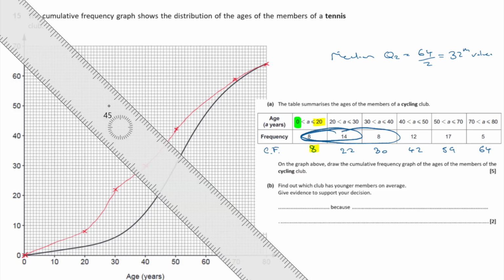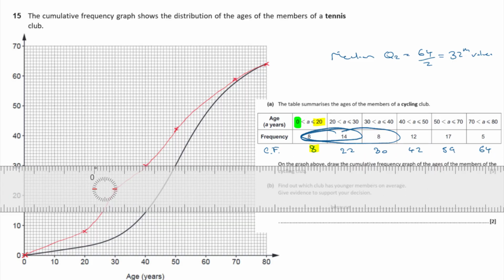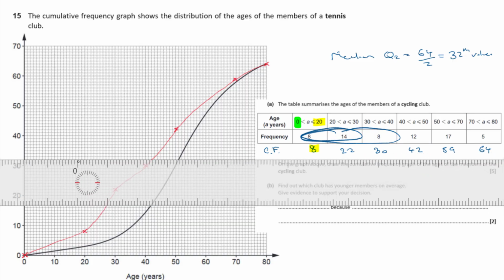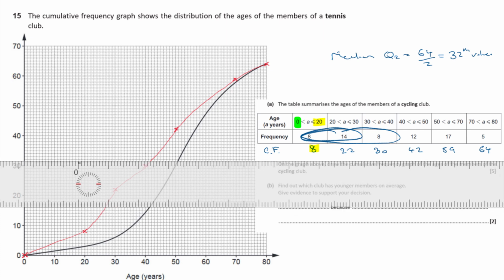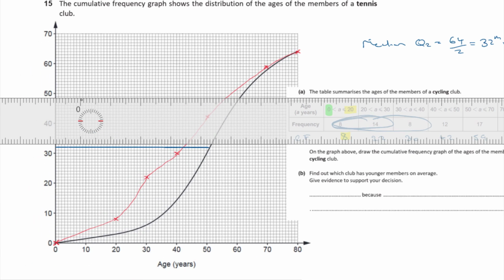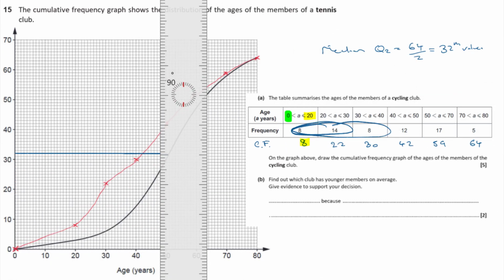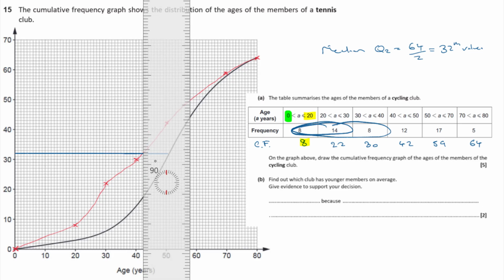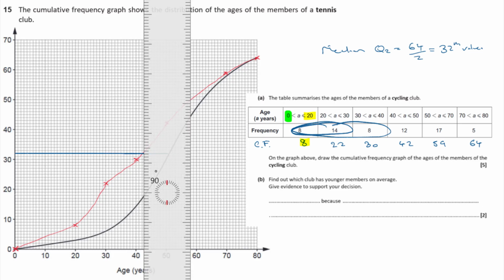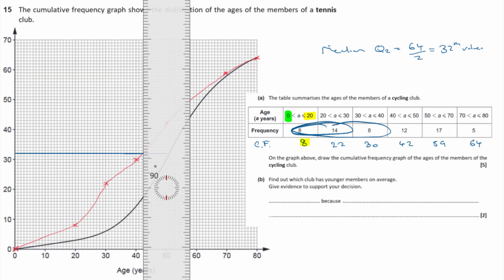And then we're going to read across from 32 until we hit both curves, and then we're going to read down. So if I draw on a line to hit both curves, and then draw down. You can have the median for the tennis club here.